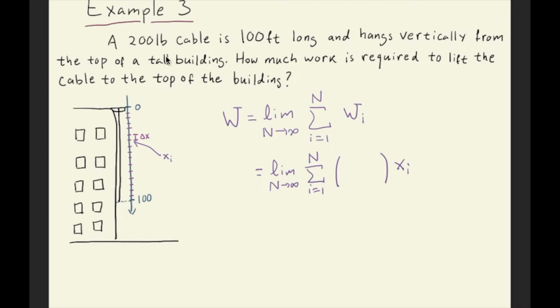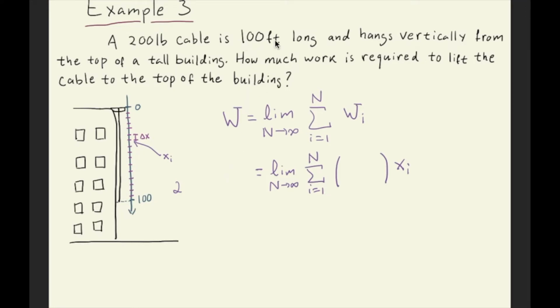Well, you basically need to use this number here, 200 pounds, right? So the whole cable is 200 pounds. So we need to figure out how much this tiny piece weighs, right? And so if the whole cable weighs 200 pounds, and it's 100 feet long, right?